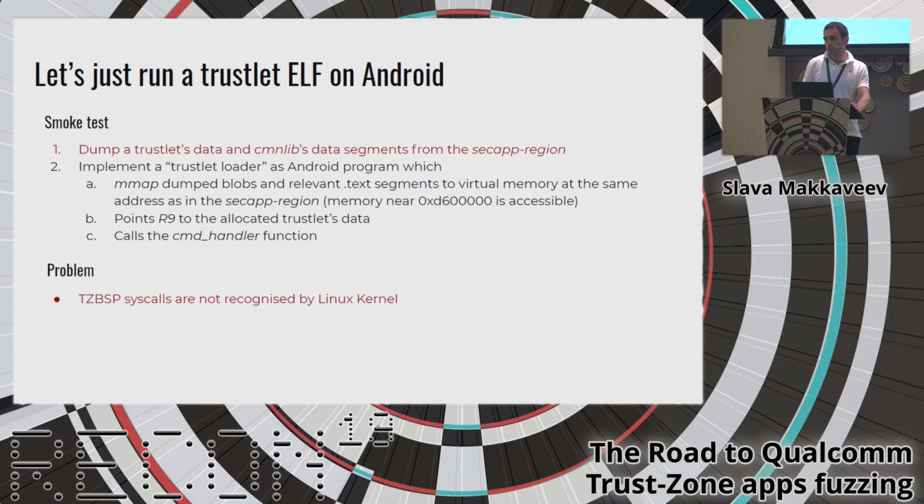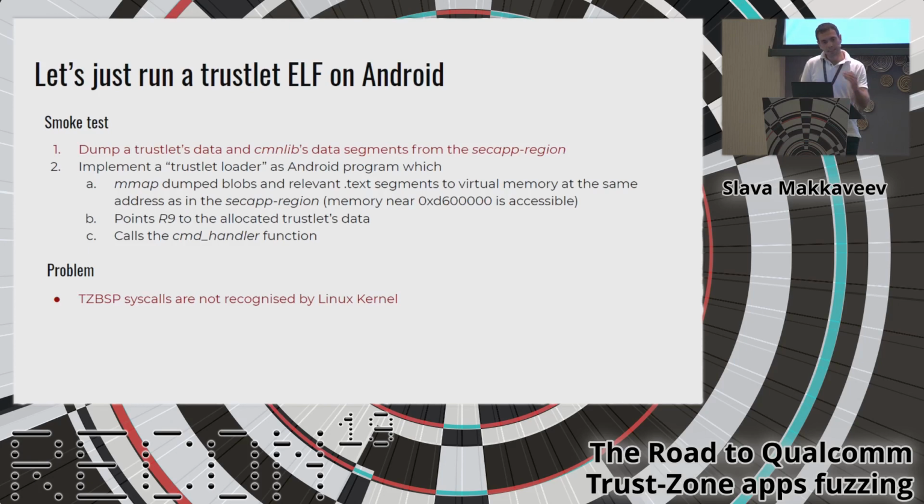Looks good, but we will fail on the first syscall because the Linux kernel cannot recognize TrustZone kernel related syscalls. And actually we have two big problems here. The first is how to dump the trustlet from the secure world, and the second, how to process all syscalls related to the TrustZone.